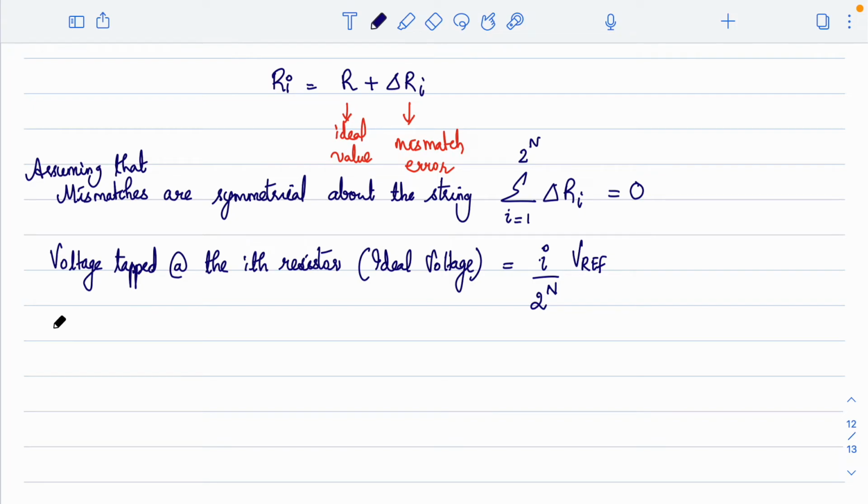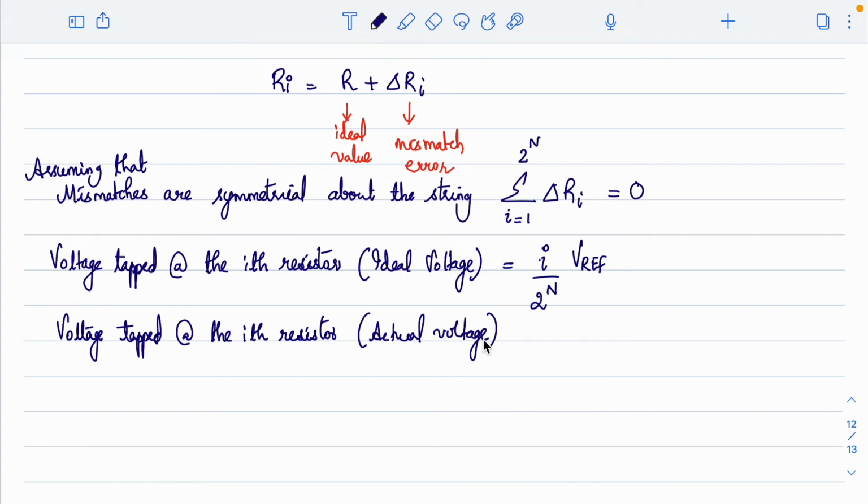Now similarly, I can also write the voltage which I am tapping at the ith resistor, which is the actual voltage. So when I write actual voltage, the meaning is with mismatch, including mismatch.